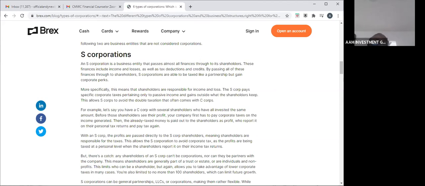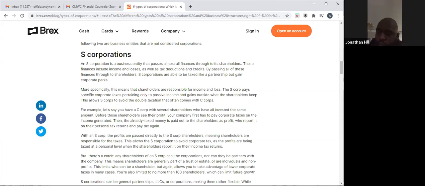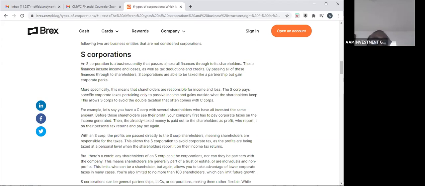So an S corporation is a business entity. Here's the key part. A business entity that passes almost all finances through to its shareholders. These finances include income and losses, as well as tax deductions and credits. By passing all of these finances through to the shareholders, S corporations are able to be taxed like partnerships, but gain corporate perks.